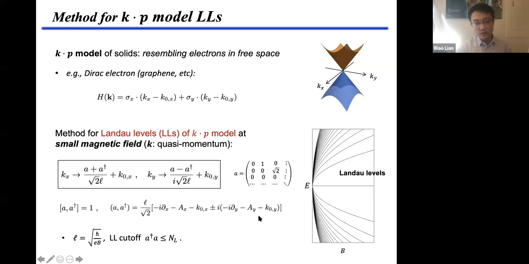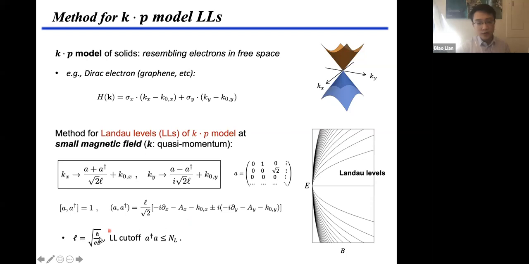So we can just define the Landau level operators, and these Landau level operators would basically be matrices in the Landau level basis, and by just replacing these Ks by these matrices, one would obtain the Landau levels of the k·p model.